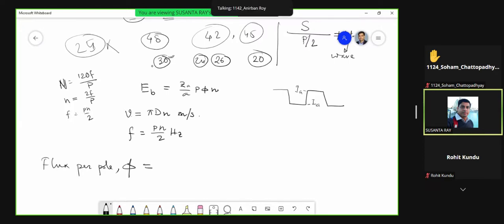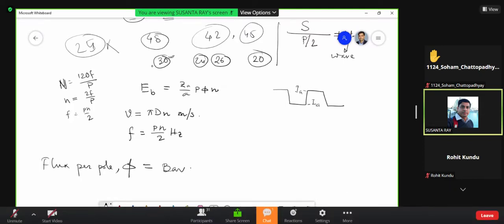So from the formula of B average, using the value of average flux density, you have to calculate the Φ. So B average into the cross section area; we will take πDL.